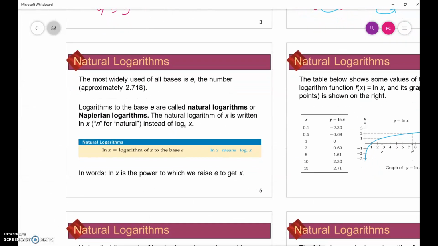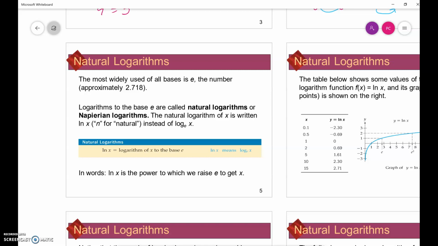The most widely used of all bases is base e, which we learned in section 4.1. Remember, that's the number approximately 2.718. And logarithms to the base e are called natural logarithms, or Naperian logarithms.